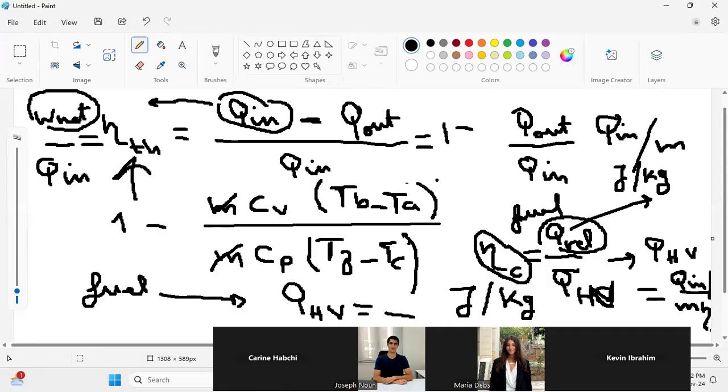In this way, we can determine the heating value of the mixture that we used.